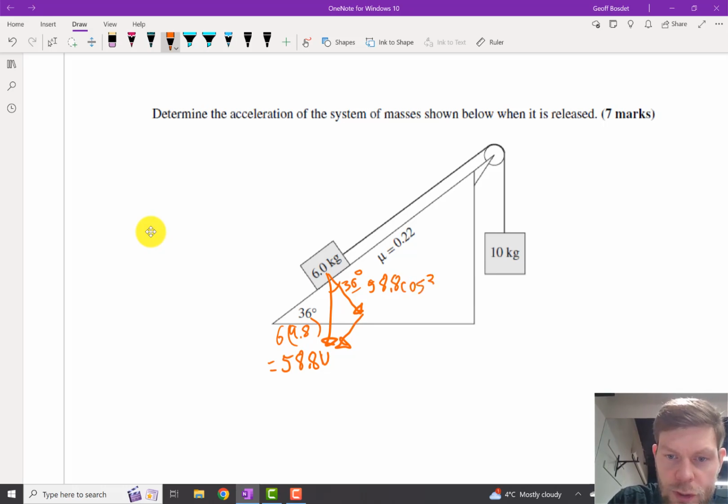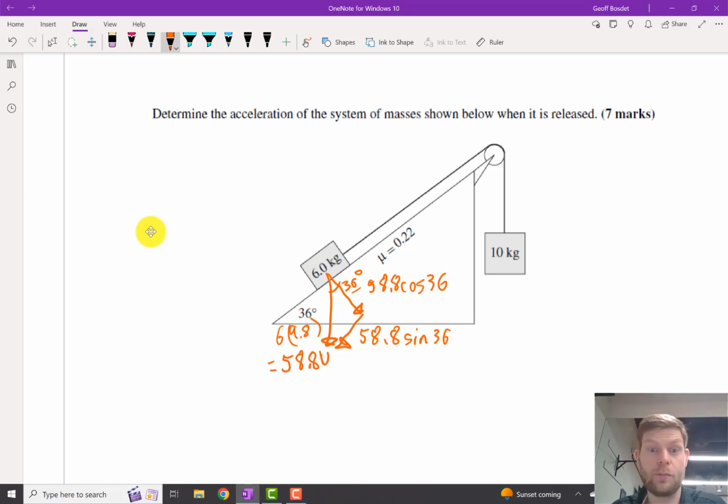All right, so then we got to find this guy, which is beyond me currently in my head. Cos 36, and this is 58.8 sine 36, because we need our F parallel and F perpendicular both here. 10 times 9.8 is obviously just going to be 98. So we've got 58.8 times sine 36, which is 34.6.